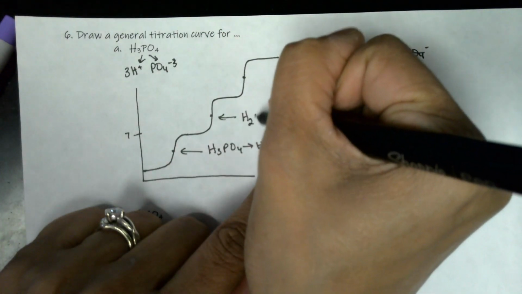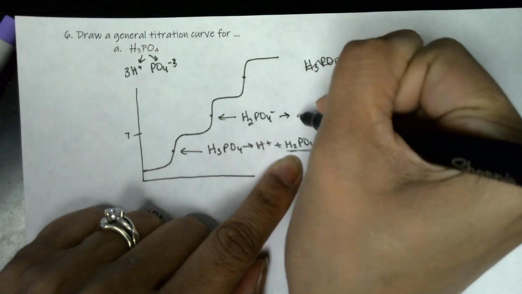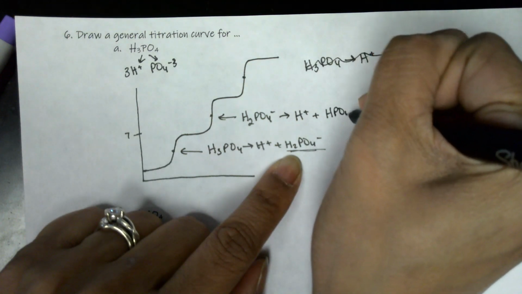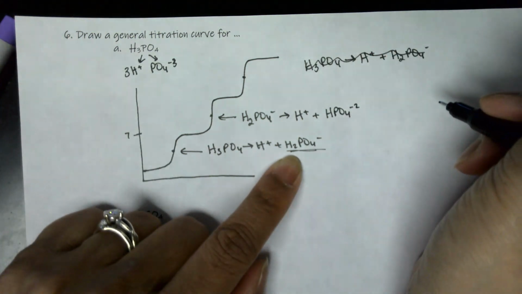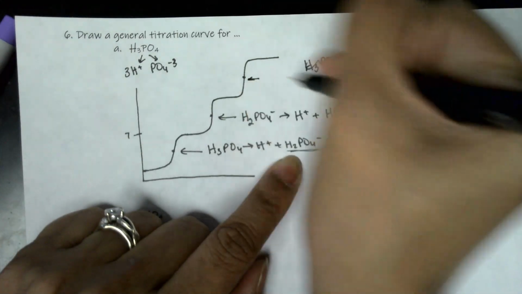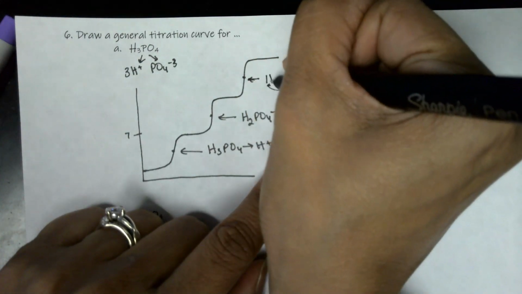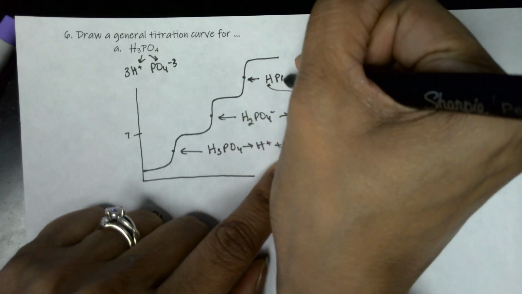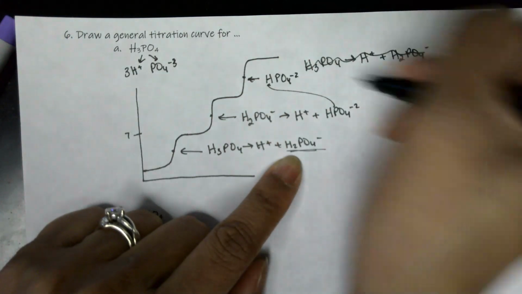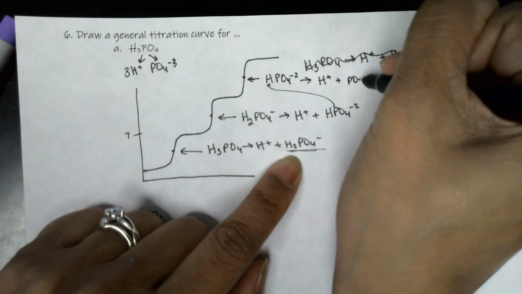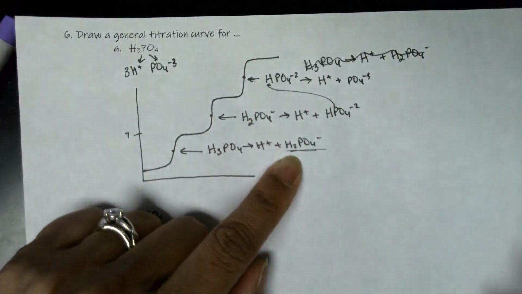So H2PO4 minus, we're removing an H plus, and then we have HPO4 minus 2. And then in this section, we have one HPO4 minus 2. We're taking away that H plus and making PO4 minus 3.